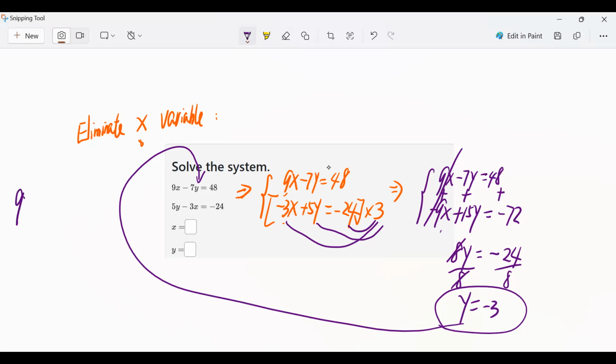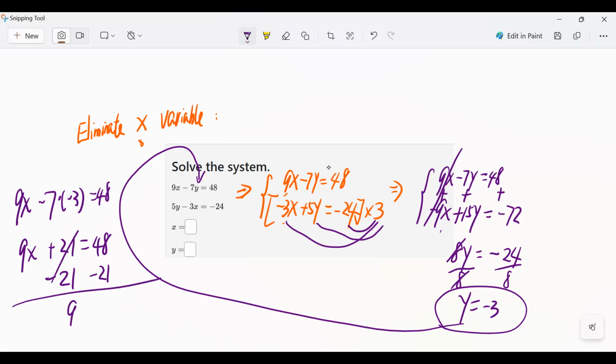So 9x minus 7 times minus 3 equals 48. Then 9x plus 21 equals 48. Subtract 21 from both sides of the equation: 9x equals 27. Now divide both sides of the equation by 9, and we get x equals 3. So the answer is 3 and minus 3.